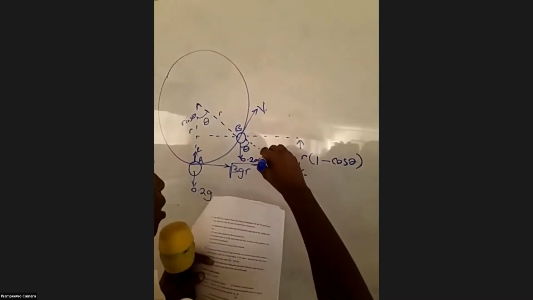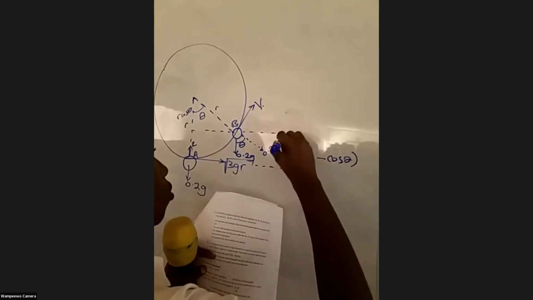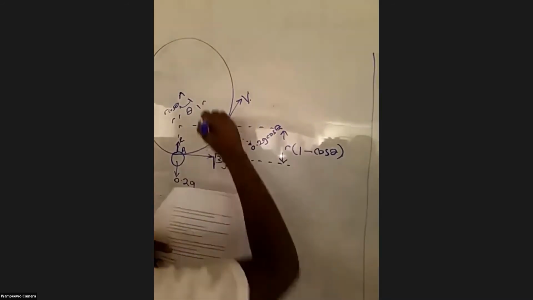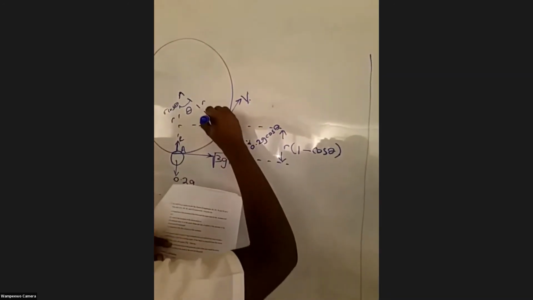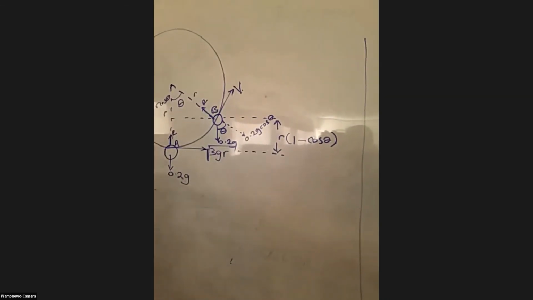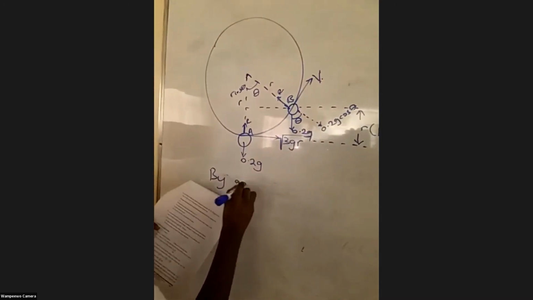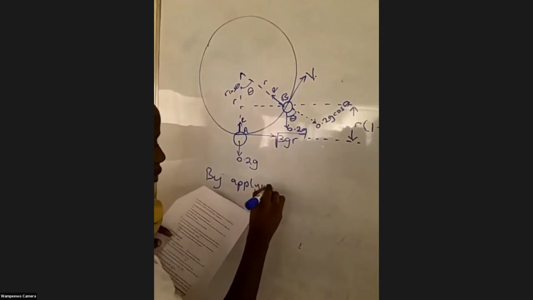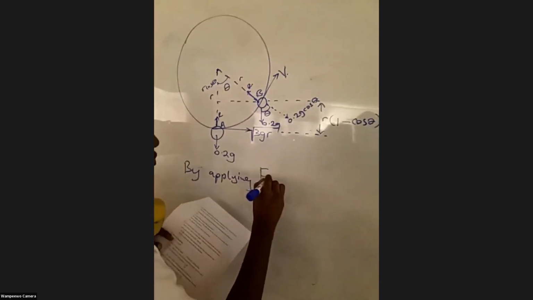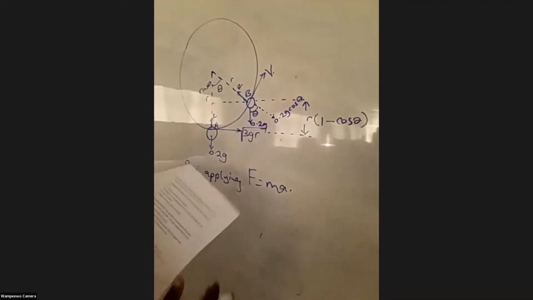So here I'm going to have 0.2g cos theta. And here I have the normal reaction. They have told us to find the force at this point. So I'm going to apply F equals ma, that is Newton's second law of motion.